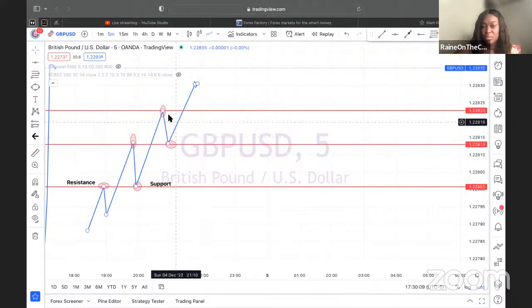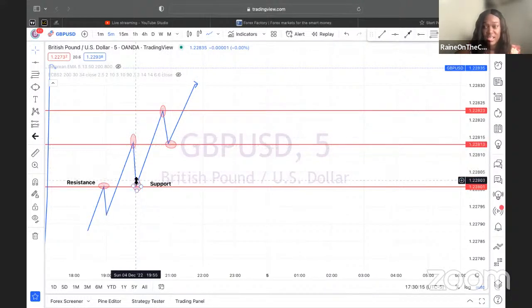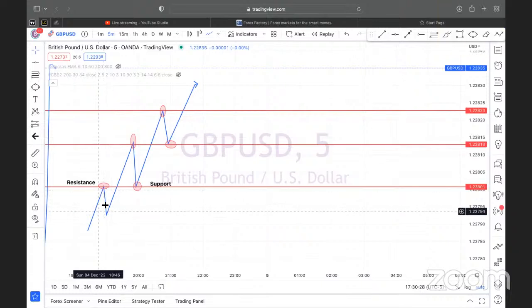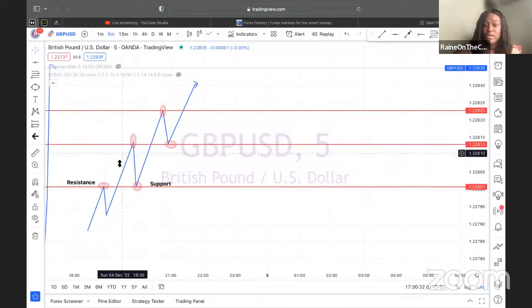So the pullbacks are waiting times. There's patience that goes into trading. Gotta wait for it to come back. So if you are looking at the charts and there's this trade that you're ready to get into because it's going like a runaway train, no, don't get in.